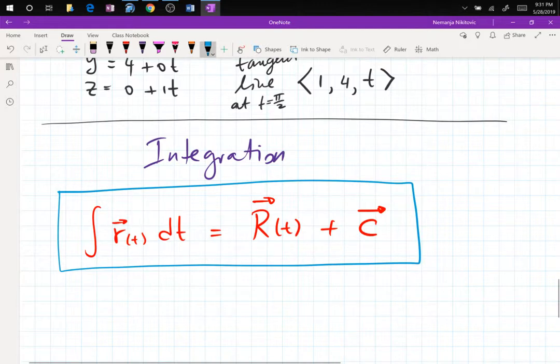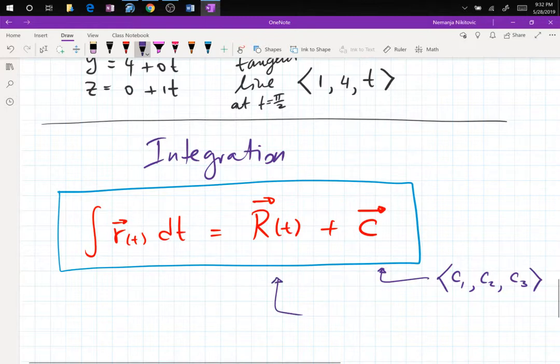Well, now it's plus c or minus 3, because each one of the coordinates has its own plus c. So this vector c over here is a vector c1, c2, c3.